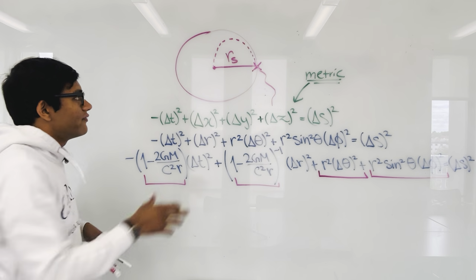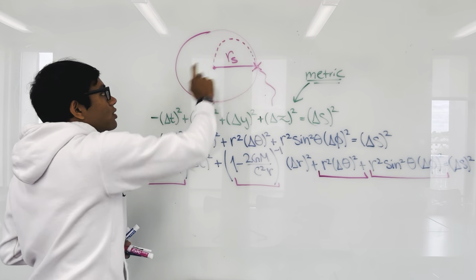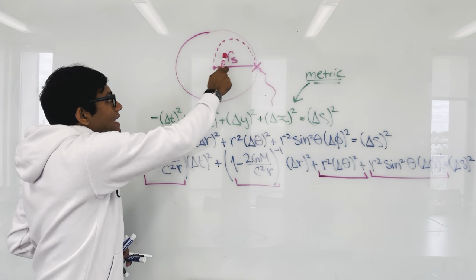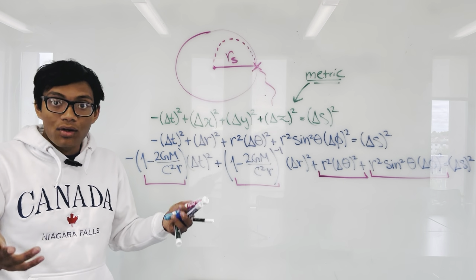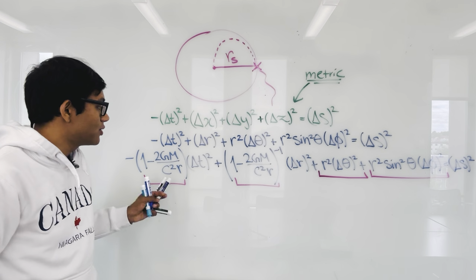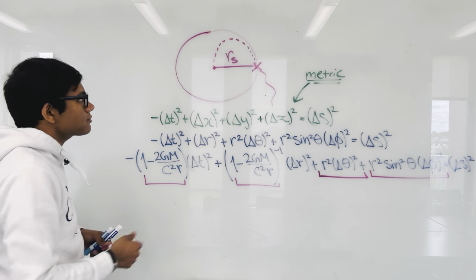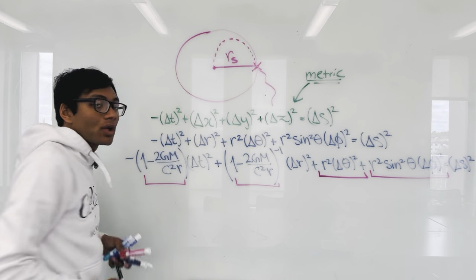So the event horizon of the black hole is located at a distance called r sub s. R sub s is the Schwarzschild radius of the black hole. It's called the Schwarzschild radius because Carl Schwarzschild is the first person who discovered the black hole metric. So it's named after him. So the radius of the black hole is simply the Schwarzschild radius.